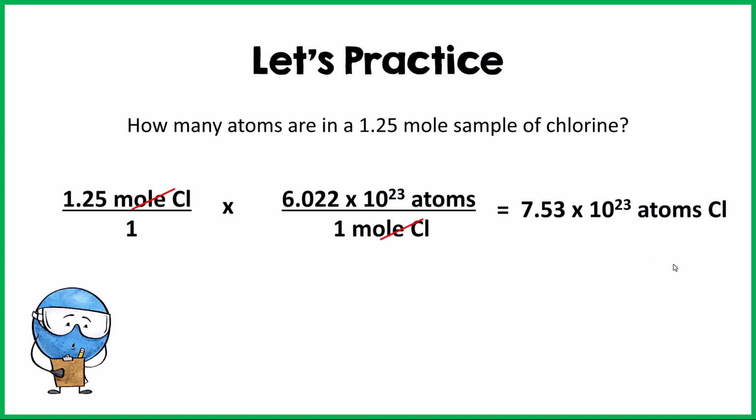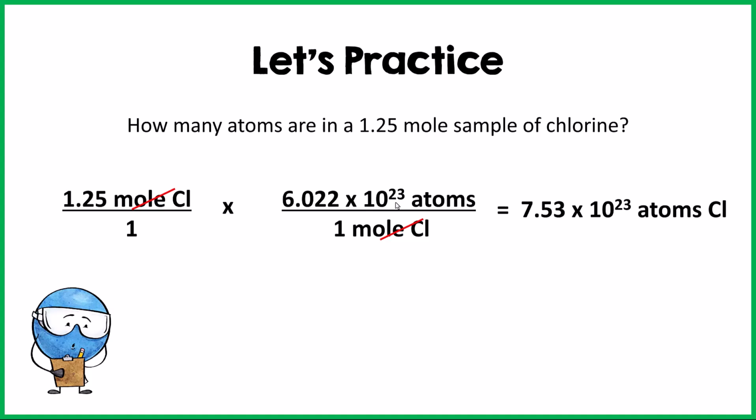Okay, so we are starting with 1.25 moles of chlorine over 1 times, and then we use our conversion factor here. This time we're putting moles on the bottom because we had moles on the top for our known quantity, and so we need to cancel those out by putting moles on the bottom here.